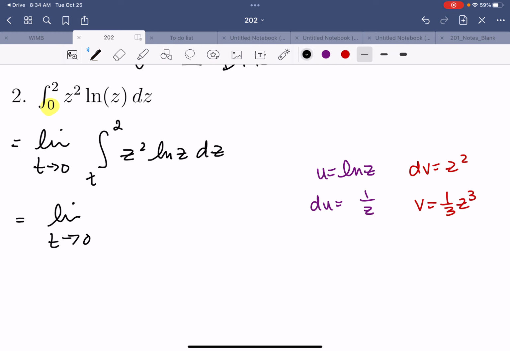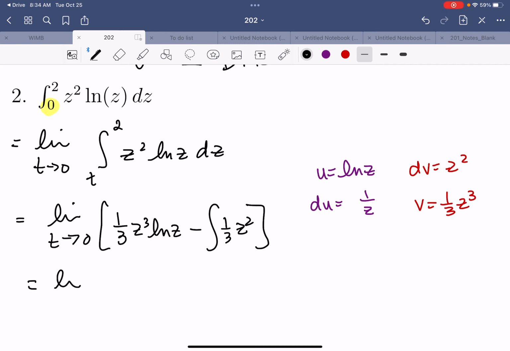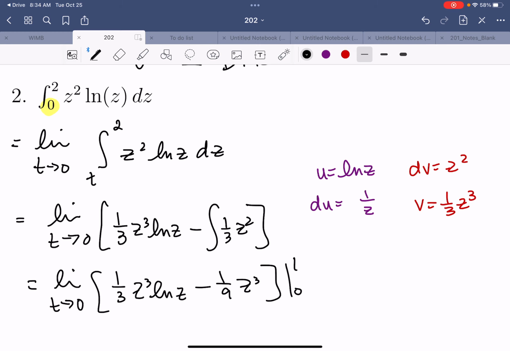So this is going to become u times v, which is the 1/3 z cubed ln z, minus the integral of 1/3 z squared. And I'll put my boundaries back on at the end. So this is the limit as t goes to 0 of 1/3 z cubed ln z minus 1/9 z cubed evaluated from 0 to t.